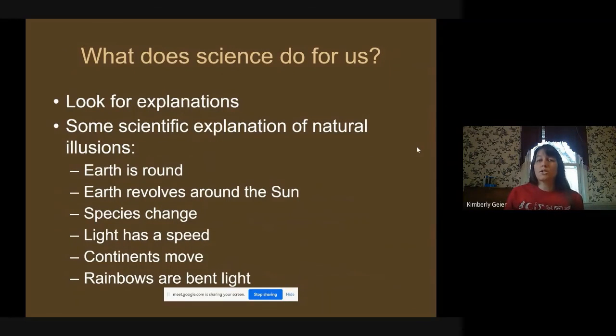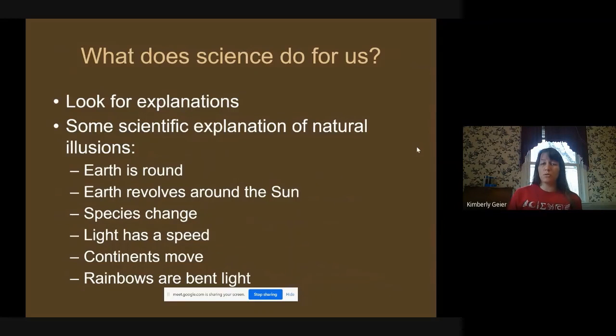So what does science do for us? Remember, science is all about looking for explanations. So some of our scientific explanations of our natural illusions is that instead the Earth is round. And it's the Earth that revolves around the sun instead of vice versa. Species do change. Light has a speed that we can measure.